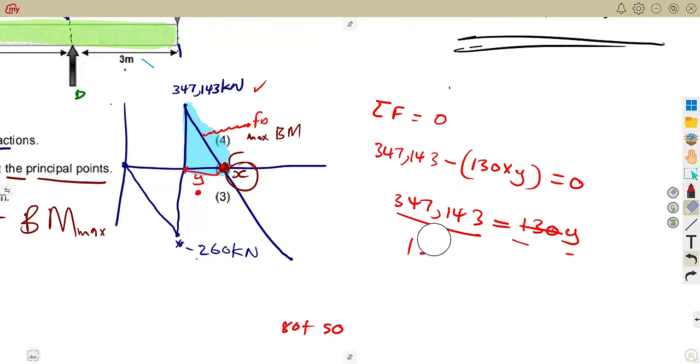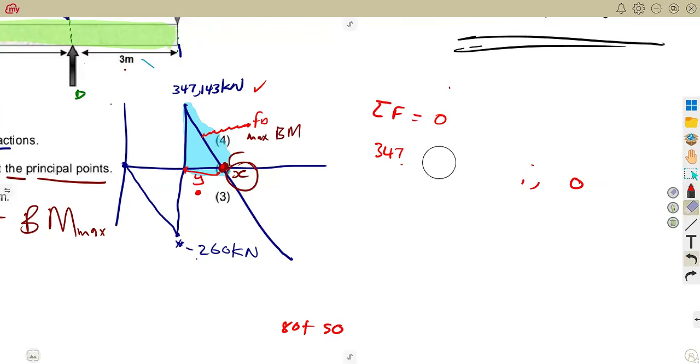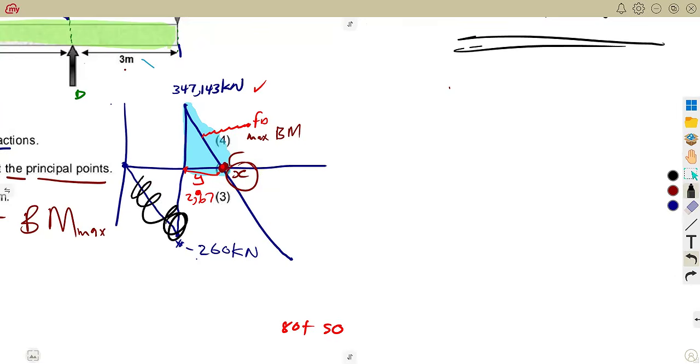So this is your y, guys, which is 2.67. If this part was not there, you were going to calculate your maximum bending moment using the formula that I said you can use.